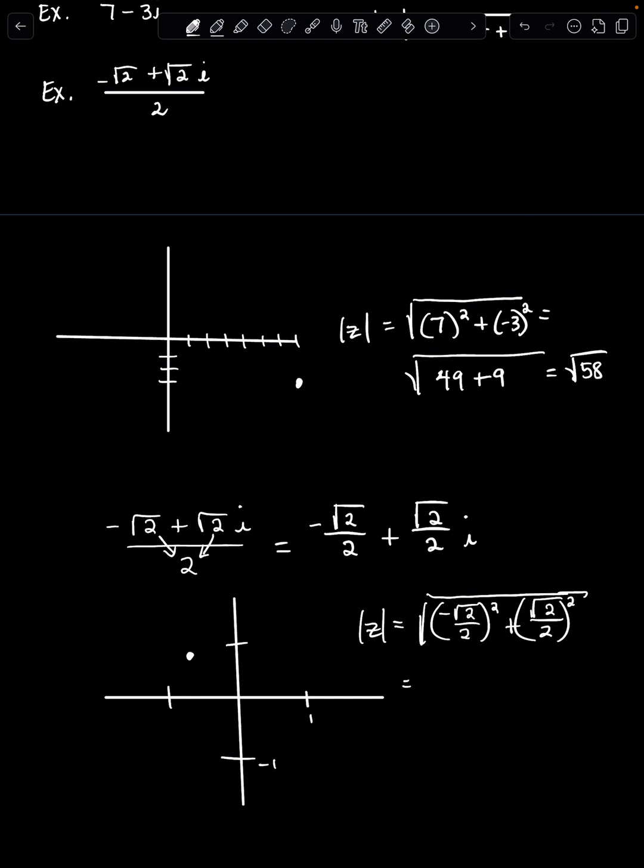We've got negative square root 2 squared, so that's going to be positive 2 over the denominator, which is 2 squared, or 4, plus, same thing. When I do that, I get the square root of 1/2 plus 1/2, which is the square root of 1, which is 1.